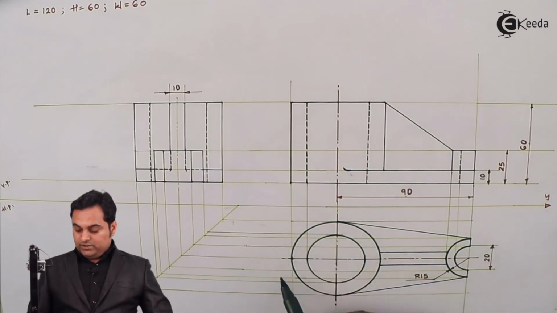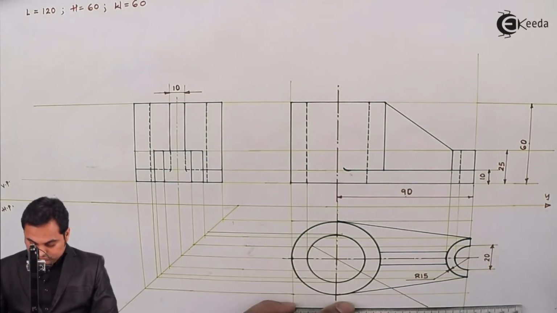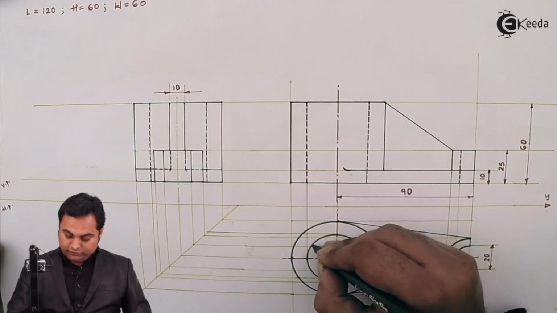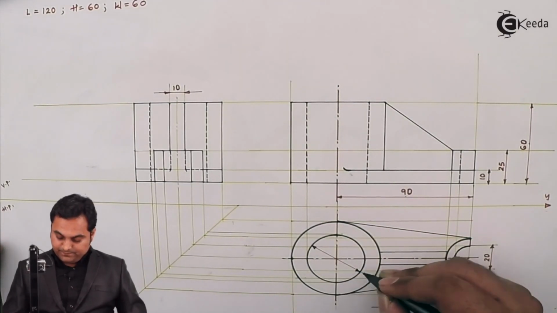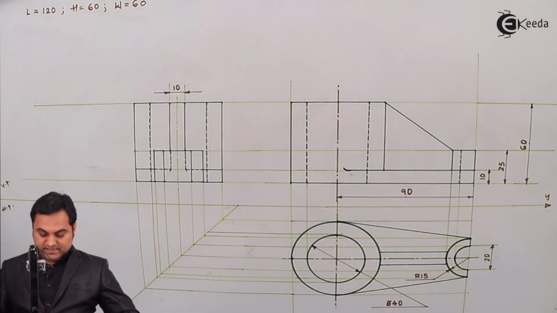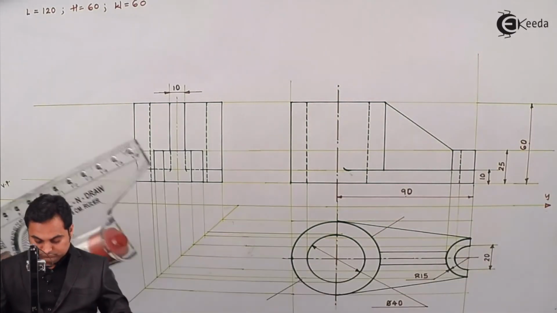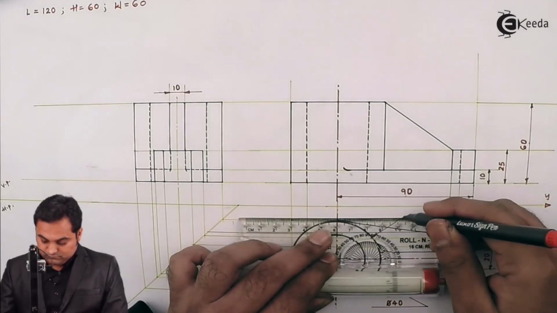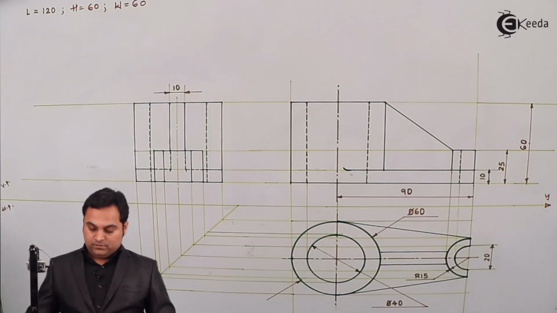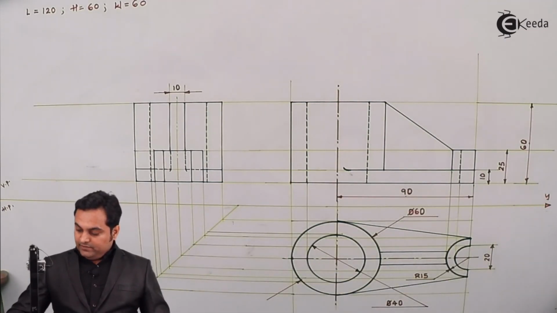Then these two circles: the inner circle has a diameter of 40 mm as given, and the outer circle has a diameter of 60 mm. Diameter 60 mm.